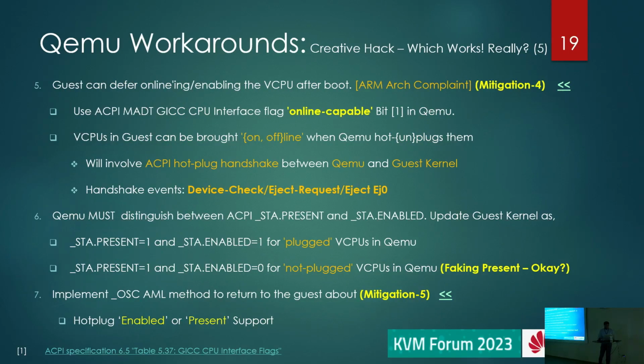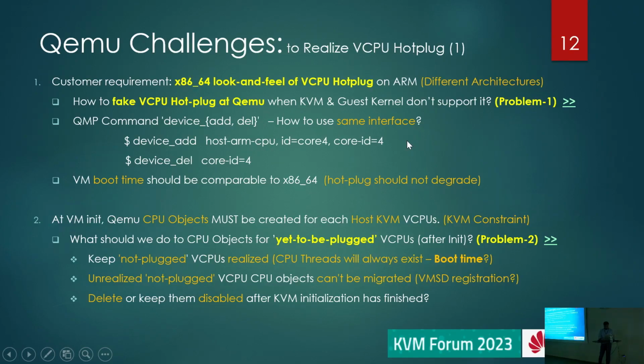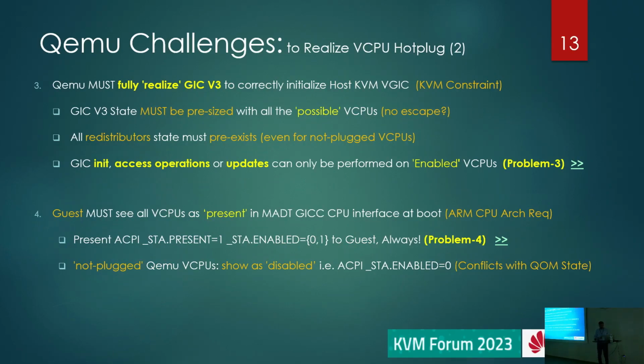The other part is related to the presence of the CPUs within the guest. I think I briefly discussed earlier, we are making use of the present and the enabled bits. So present will always remain present, but enabled is something we can tweak. For that we have made some sort of ACPI change. There's a bit which has been introduced, which makes certain CPUs online capable.